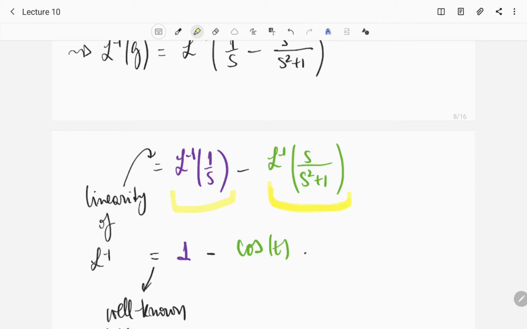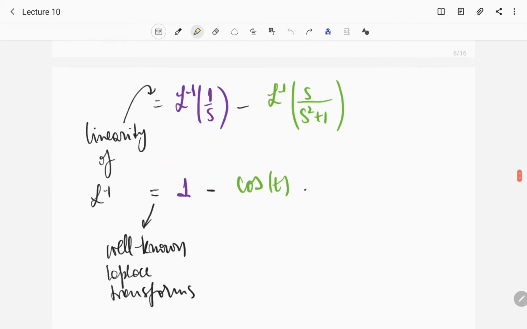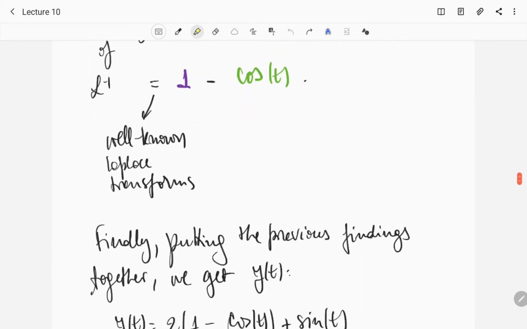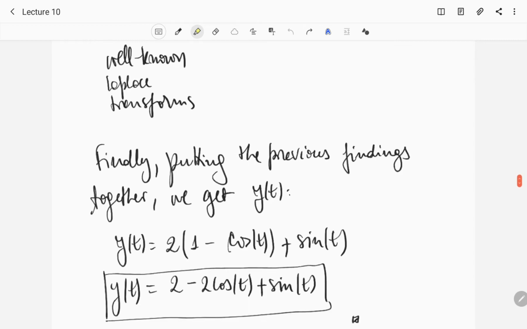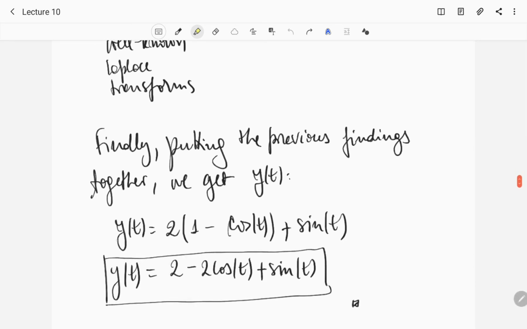So this comes from cosine of t, and this comes from the function 1. Okay, so putting all the information together, we get that y of t is equal to 2 times (1 minus cosine of t) plus sine of t, and then here we just distributed the 2.